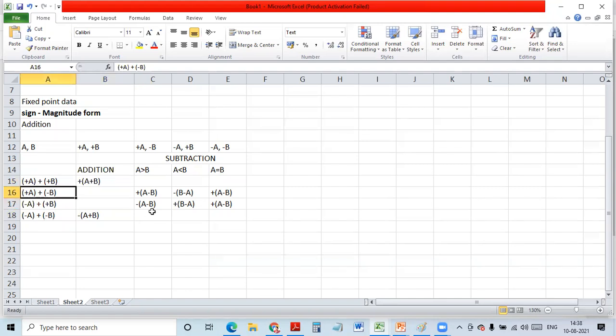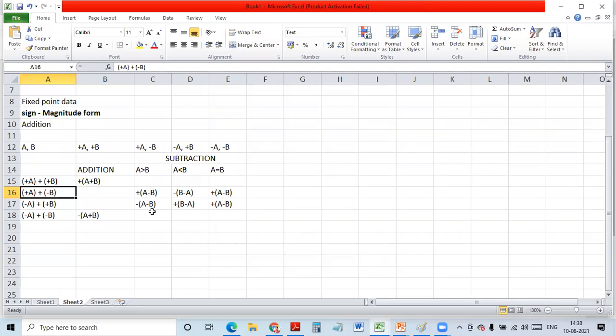In cases 2 and 3, the sign of the two numbers is different and you want to perform the addition operation, then the actual operation carried out is subtraction. Based on the magnitudes of the numbers, it can be either a minus b or b minus a.